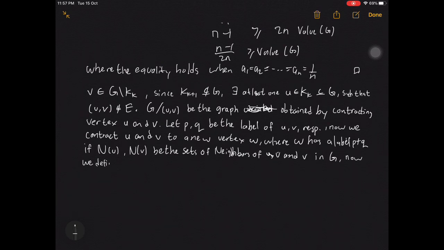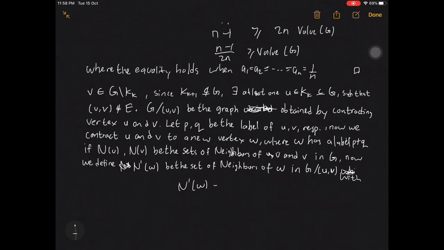Now we define N prime of W to be the set of neighbors of W in G after we contract U and V, with the property that N prime of W is N of U union with N of V. Okay.